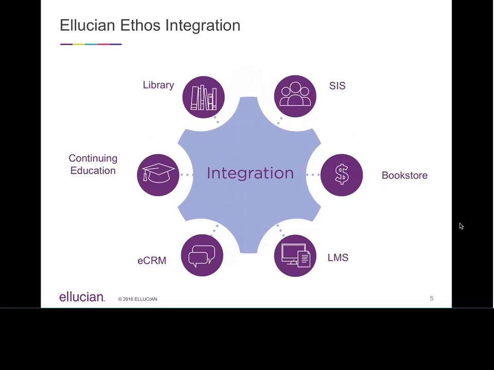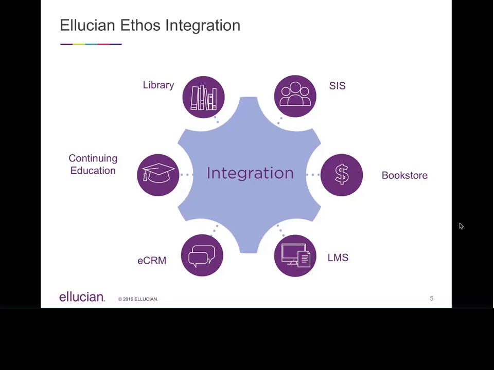Because we're all speaking the same language, because we're using a common definition of resources, because we're using a standard way of talking to these web service endpoints to pass data back and forth through the Ethos integration system, we're making sure that data flows seamlessly between all the applications, whether they be Ellucian applications, partner solutions, other third-party solutions, or applications that you've developed that are specific and unique for you, in your institution.